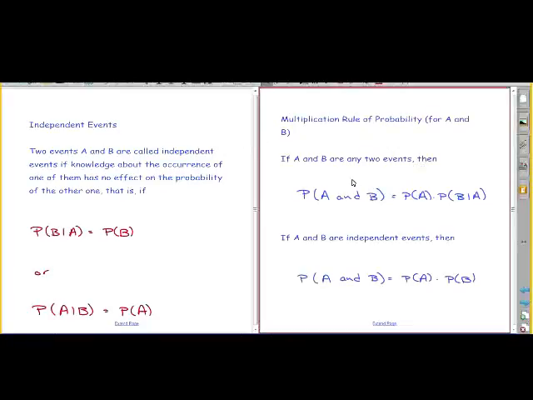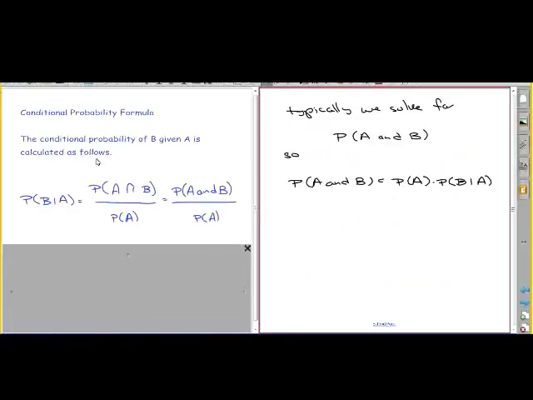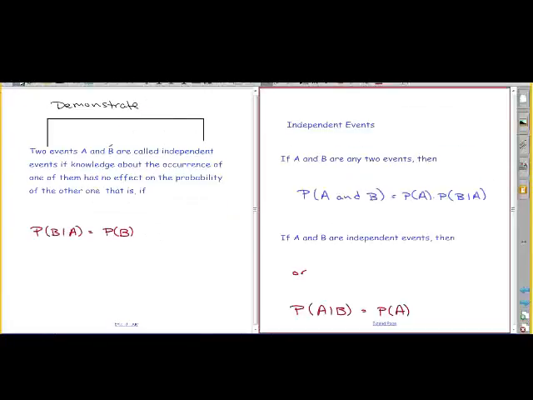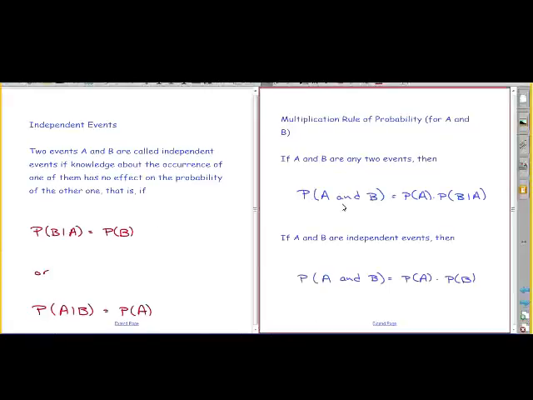So here is the multiplication rule of probability. Well, actually, I already wrote this down. So this is what it's officially called. The multiplication rule of probability: all we're doing is using the definition of the conditional probability formula and solving for the and part of it.